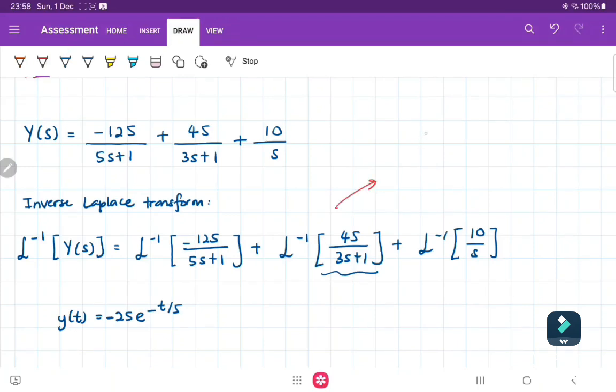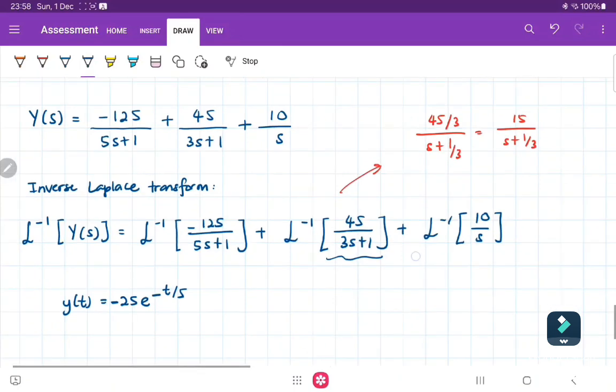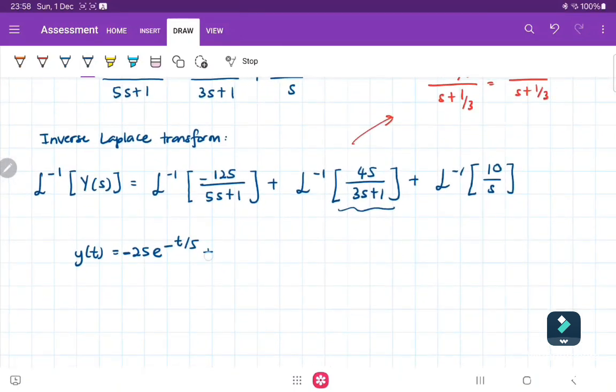So when we rearrange, 45 divide by 3, this is 3 divided by 3 will give you s plus 1 over 3. Yeah, so basically this will give you 15 over s plus 1 over 3. So your inverse Laplace transform is basically 15e minus t over 3.